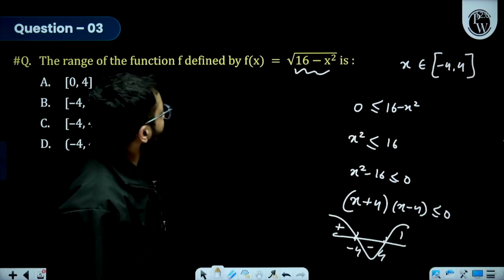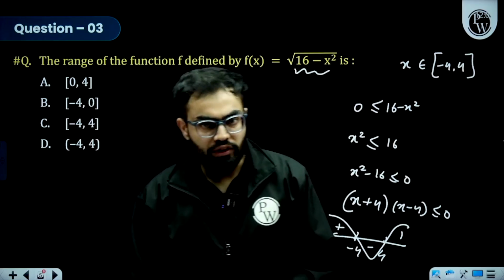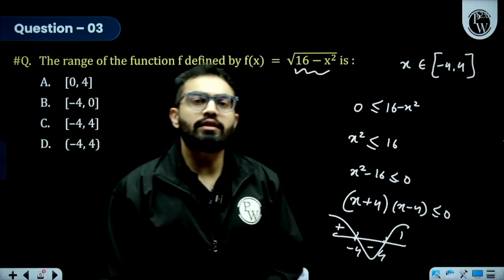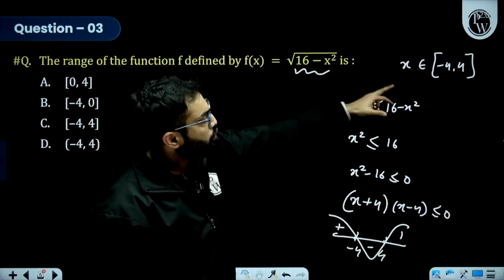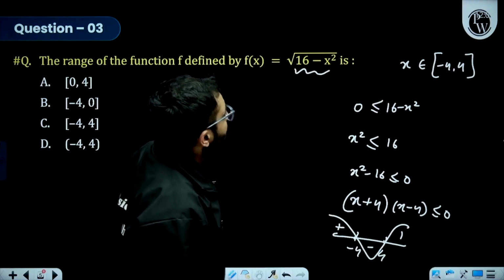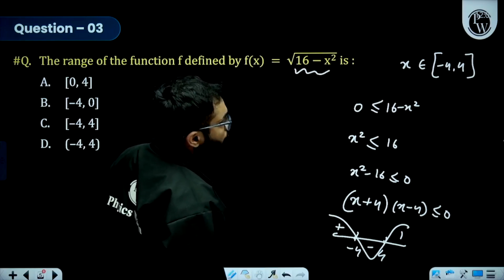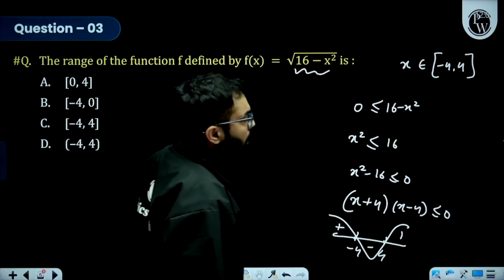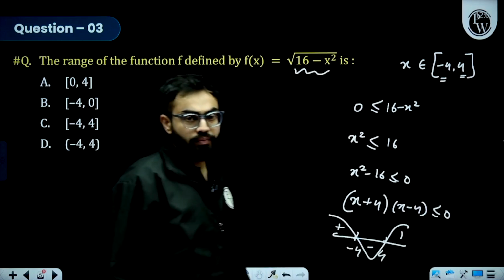Now we were not asked to find the domain of the function, but rather the range. So to find the values of y, we have to substitute all of the values of x here. The minimum value of 16 minus x square is definitely 0, and that will come when x is equal to either 4 or minus 4.